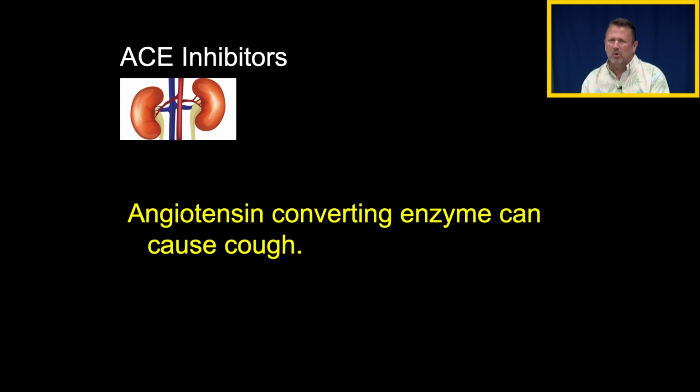Ooh, this is important right here. Angiotensin converting enzyme inhibitors can cause this short, dry, barking cough, so you'll have somebody and you put them on ACE inhibitors. Now there's a little cough. The mechanism for that is long and complicated, not as simple as beta blockers, but beta blockers cause cough.